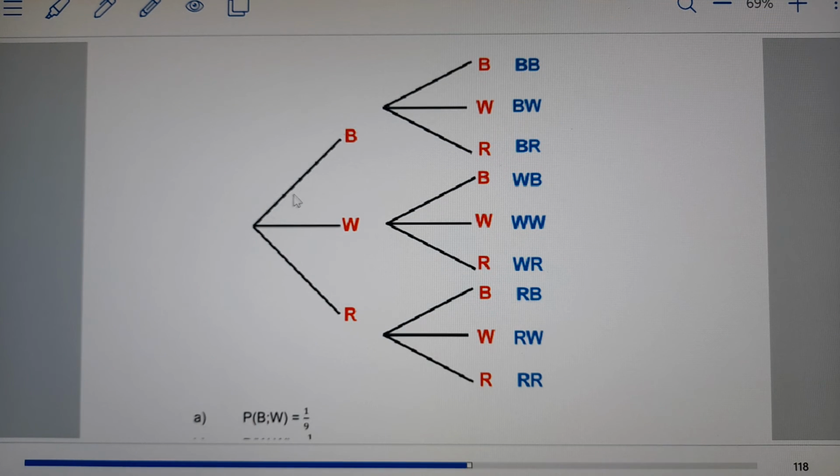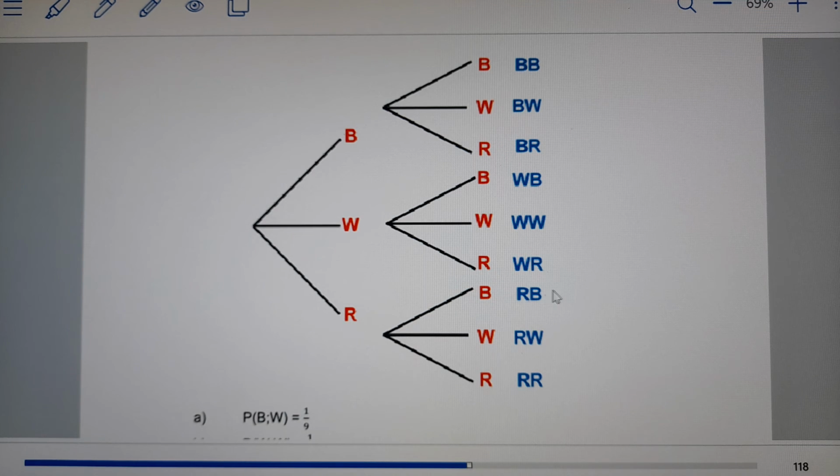And then we write our possible outcomes. It's blue, blue, blue, white, blue, red. Then white, blue, white, white, and white, red. And the third outcome is red, blue, red, white, and red, red.